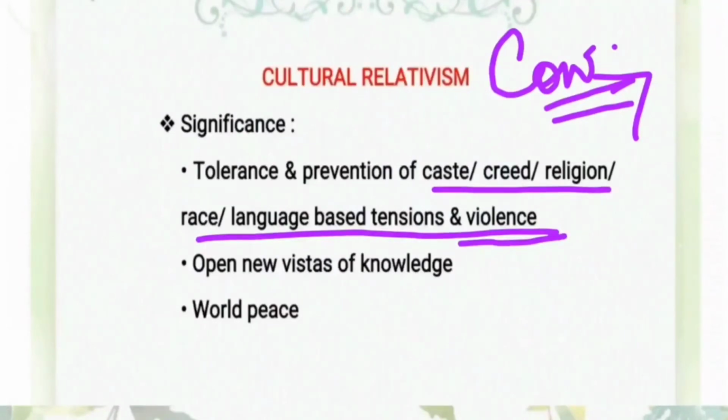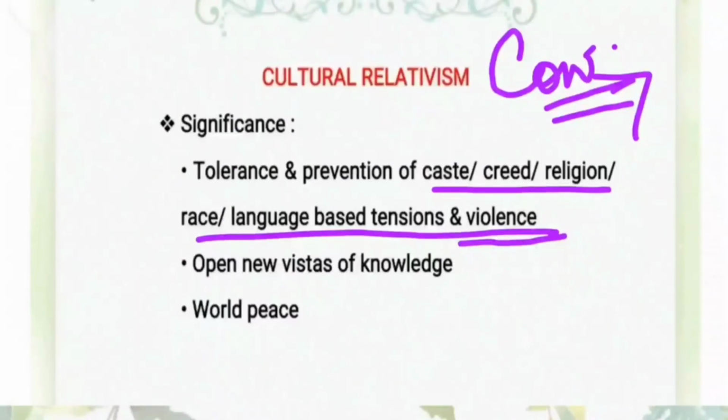If we accept cultural relativism on a day-to-day basis, definitely we will become tolerant of each other's religious practices and norms, and we try to understand why people are doing them. At least we'll try not to be ignorant, we'll try to get adapted to what our religion is about and what their religion is about. We will not interfere in each other's religion, their rituals and customs.